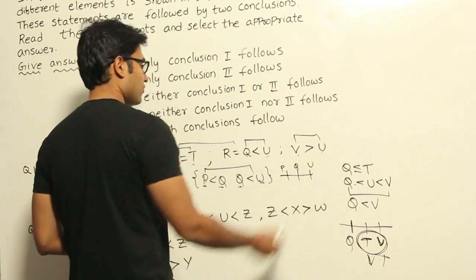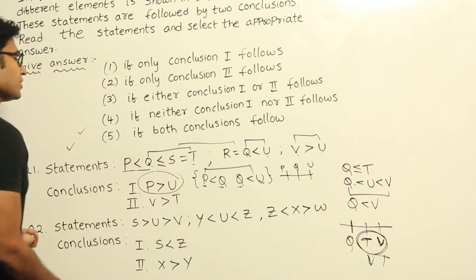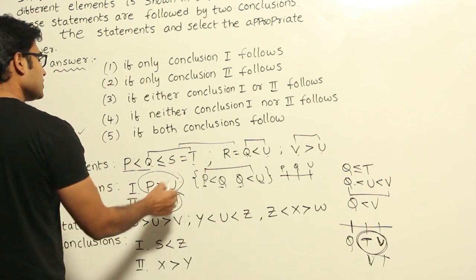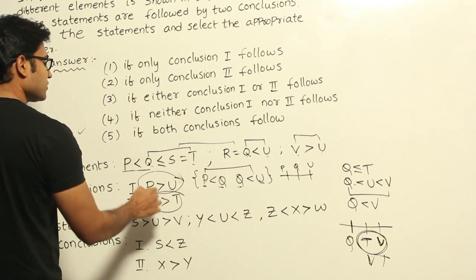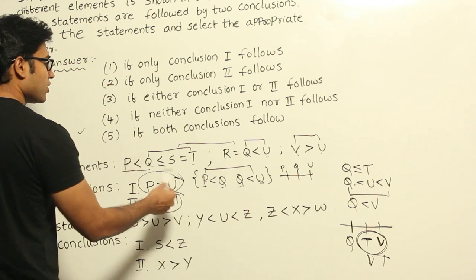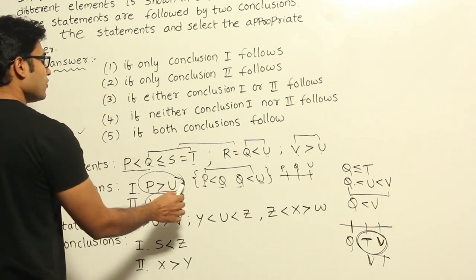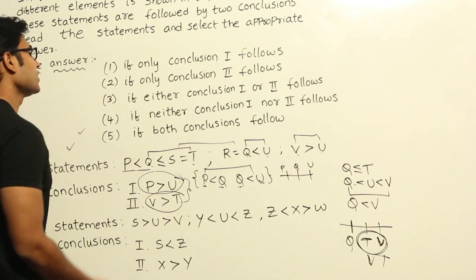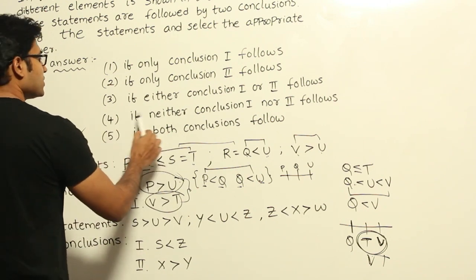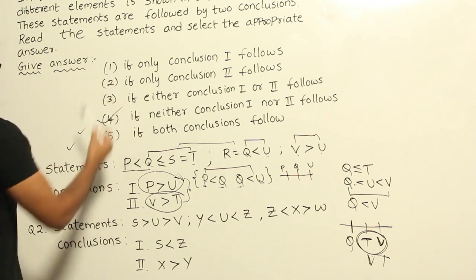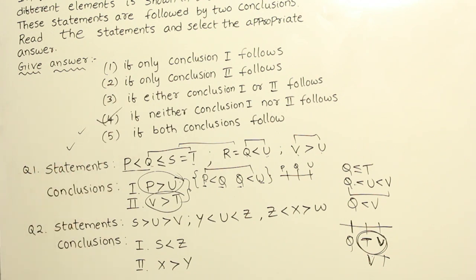Therefore, we are not able to derive any relationship between V and T here. So conclusion 1 is false, because P is less than U, and conclusion 2 is false because we are not able to draw any conclusion. Therefore, we are not able to draw any of these conclusions from these statements. So the answer is 4, which is: if neither conclusion 1 nor 2 follows. So the option is 4 for question 1.